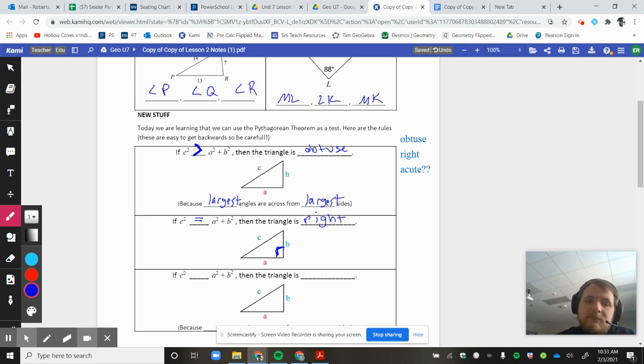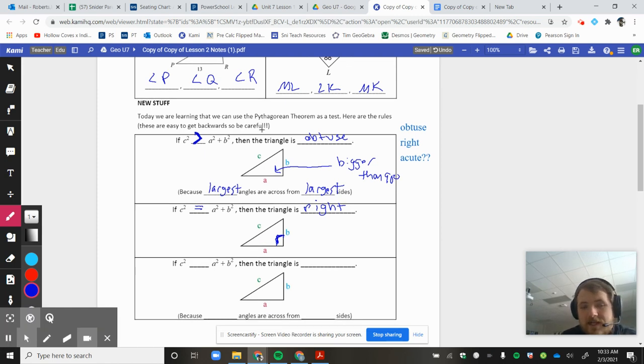So if it's bigger than the sum of those two, it forces this angle right there to be bigger than 90 degrees. The opposite of that is also true.